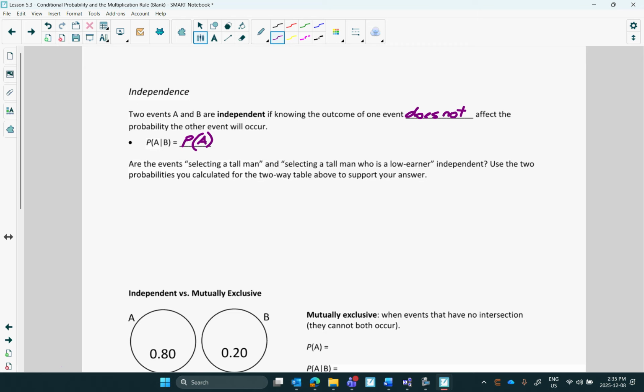So going back, selecting a tall man who's a low earner. We already calculated these. Selecting a tall man was the probability of T on the previous page, which was 123 out of 192.